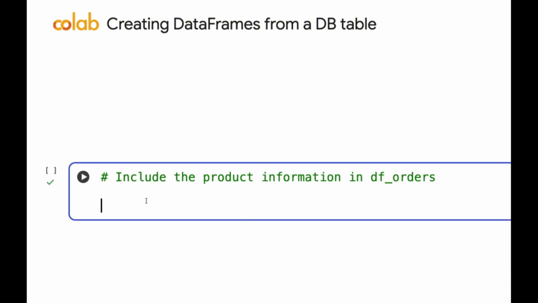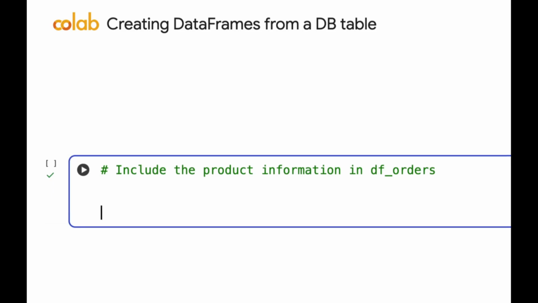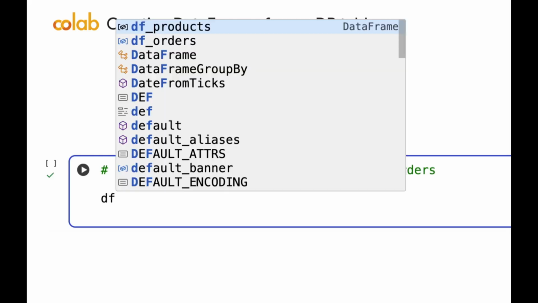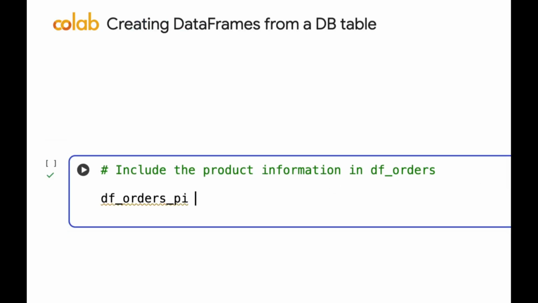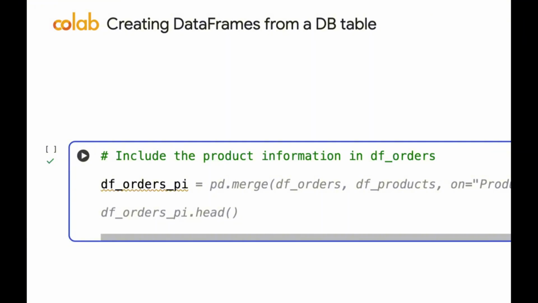We're going to do some merging operations, or joining operations in database terms, right? So we're going to create a data frame called df orders, and let me use PI, product information: orders records with product information.